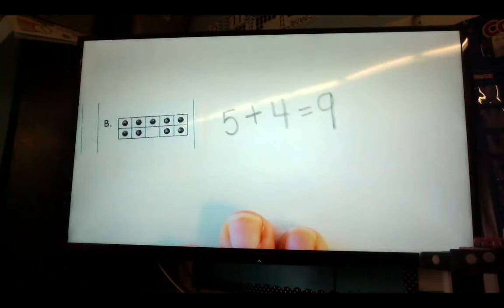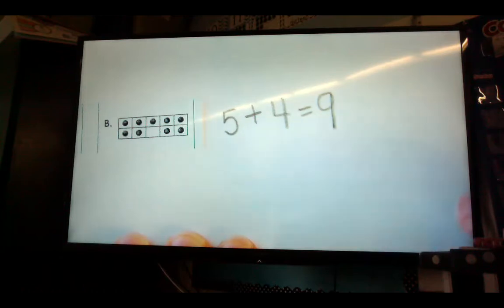Let's read this equation together. 5 plus 4 equals 9. How many more dots do I need to equal 10? I heard someone say 1.